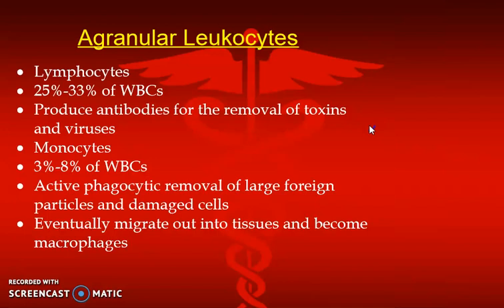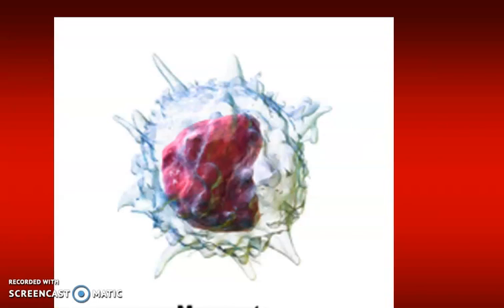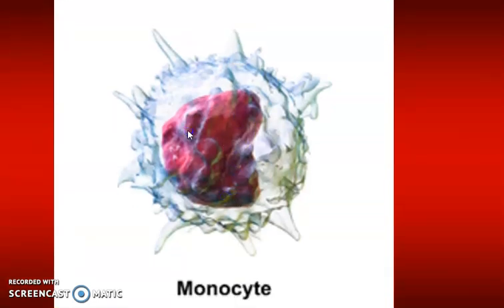So now let's go to my next subset. My next subset are my agranular. And if you look at the picture, you're going to figure out why they call them agranular. There's no bumpy. So lymphocytes are one of my two agranulars. And then your last one is your monocyte. Okay, your monocyte is also agranular. So if you look, there's not a lot of grains in there when you stain them.